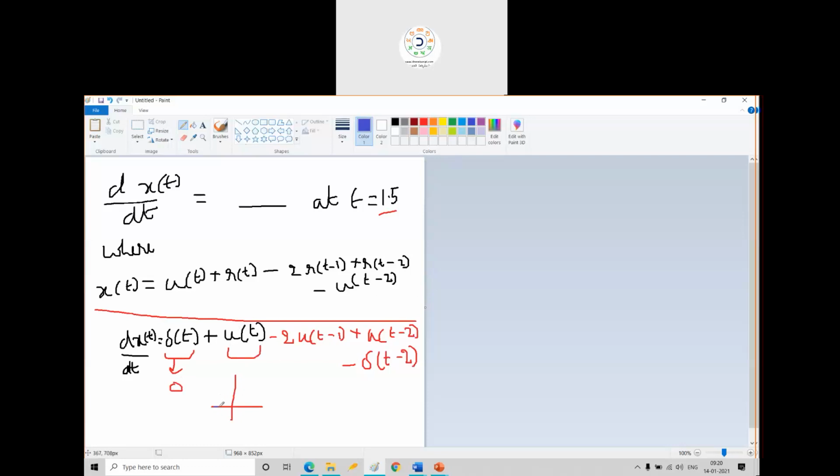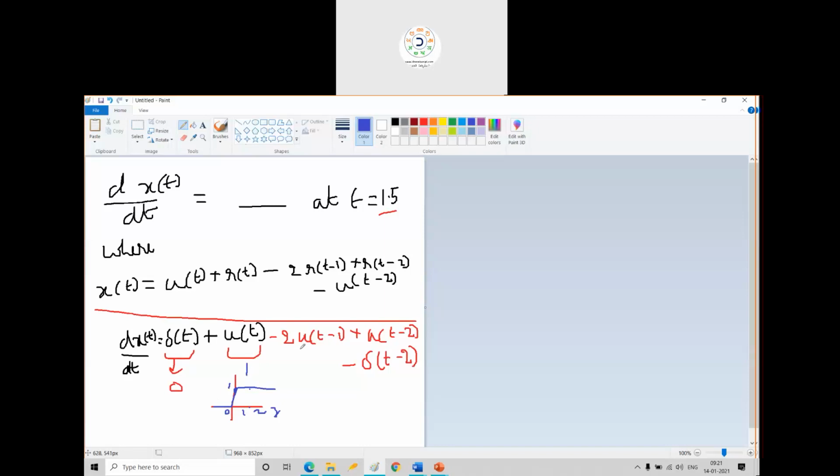Till 0 its value is 0, and from 0 onwards its value becomes 1. So this is how u of t looks. At 1.5 the height will be 1.